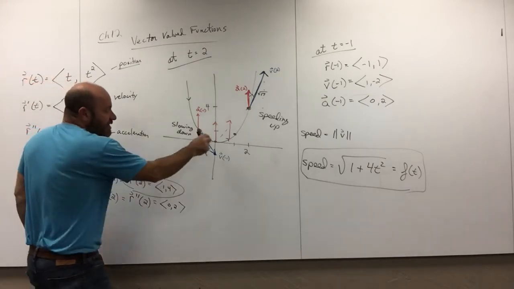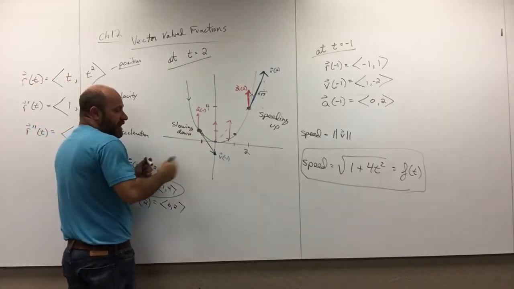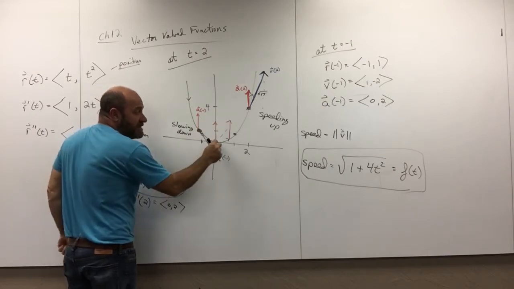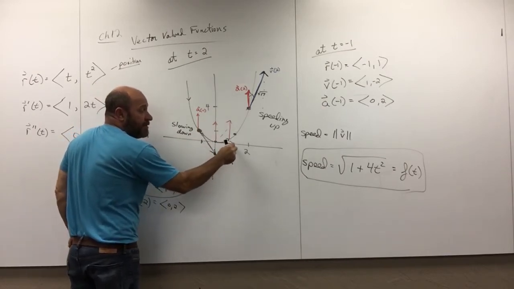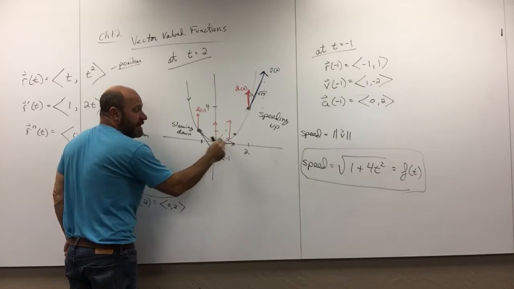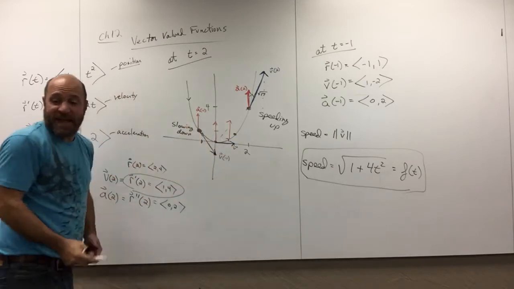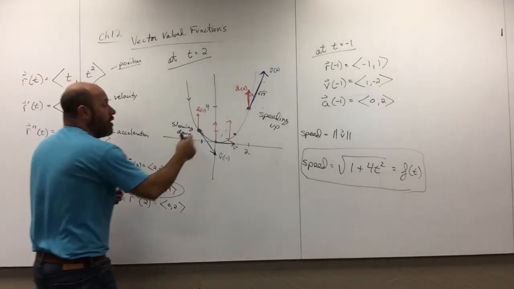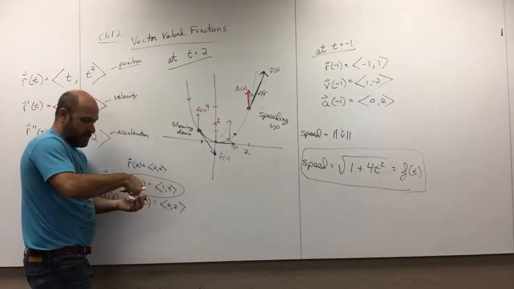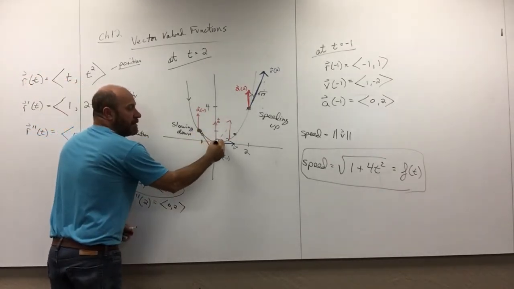You're right. At this origin, the acceleration vector still looks like that. The velocity vector would look like this, I believe, at t equals 0. And at this moment, your velocity and your acceleration are perpendicular.